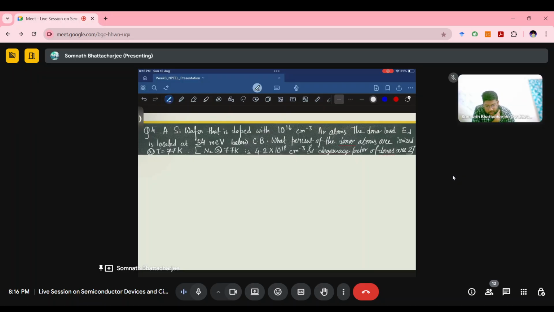So to simplify, maybe I'll simplify it a bit. We have the degeneracy factor as 2. So let's write it down like this.